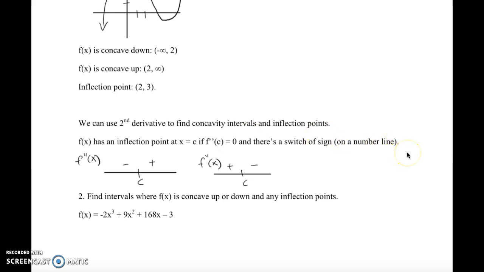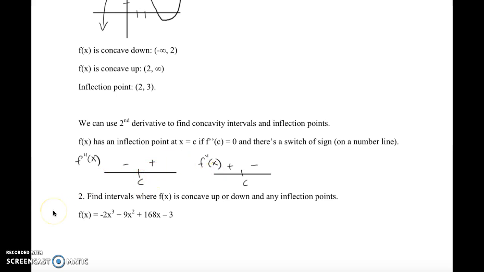So if we test a number to the left and a number on the right, the sign actually changes. If we test to the left, it's negative, and to the right it's positive, or vice versa. This is where the concavity is going to change.